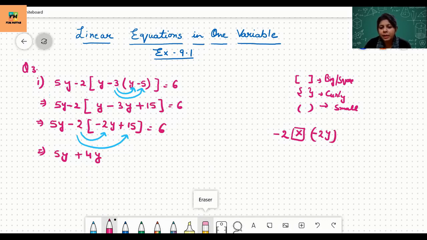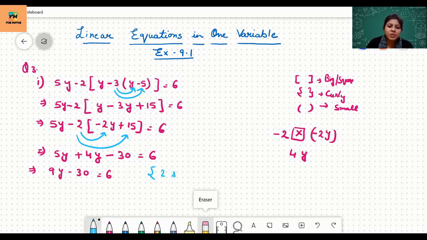We simply multiply 2 into 2, that is 4, and y, and minus in minus will be plus, so +4y. All right, let's get back. Now -2 into +15, so plus minus is minus, 15 into 2, 30, is equal to 6. If you see over here, we reached the same steps: 5y plus 4y, 9y minus 30 is equal to 6.